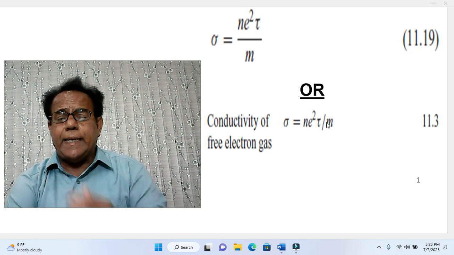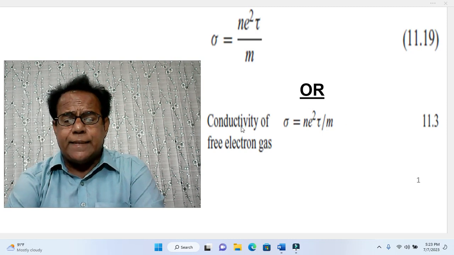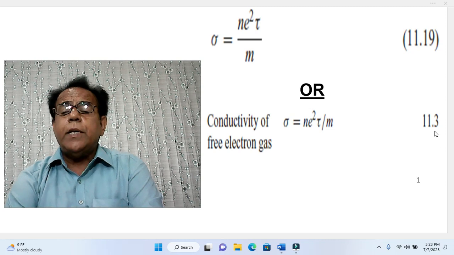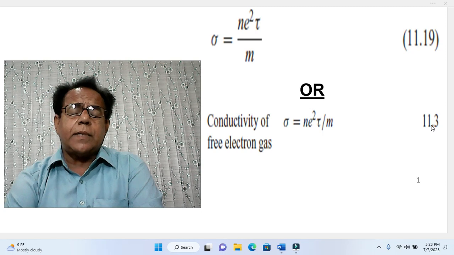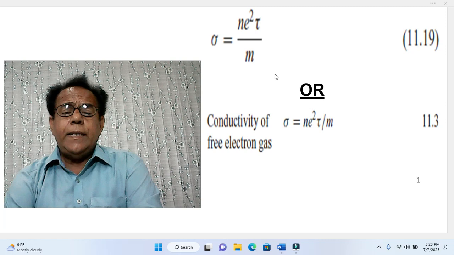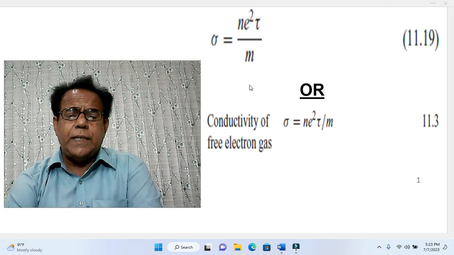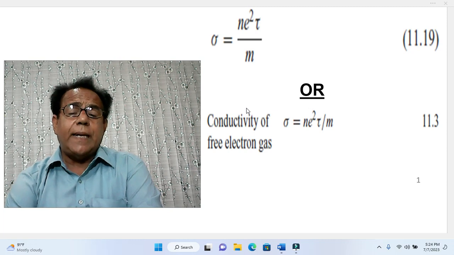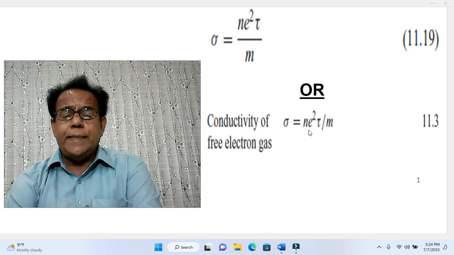This result belongs to the third topic of the 11th chapter. In its alternate version, this has been more clearly described: conductivity of free electron gas, rho, is equal to n e squared tau over m.